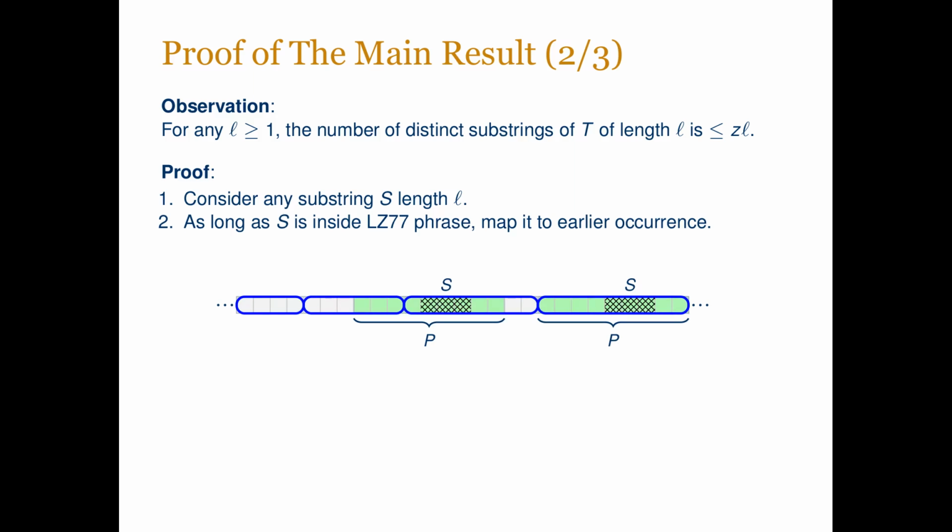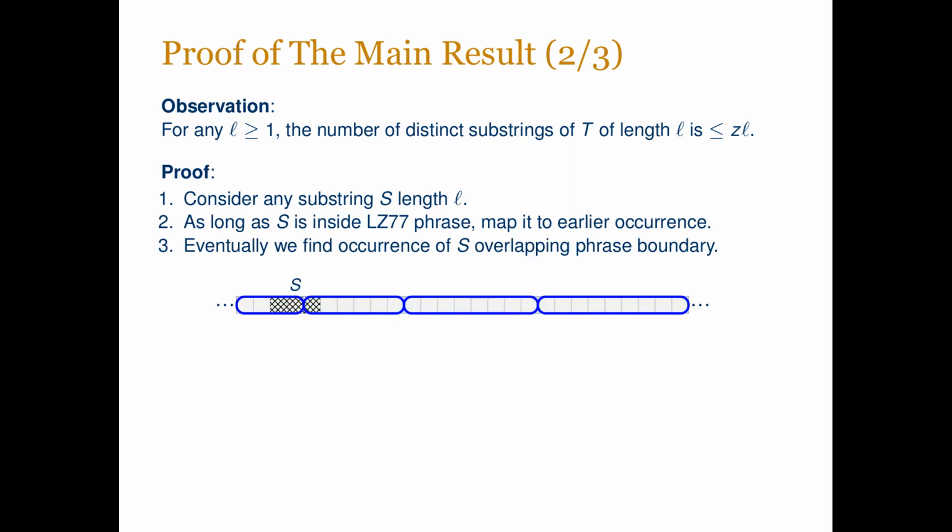This implies an earlier occurrence of the substring S. We then repeat the process. In this case, we again landed inside the LZ77 phrase. Repeating this step, we will eventually find an occurrence of S that overlaps two LZ77 phrases.